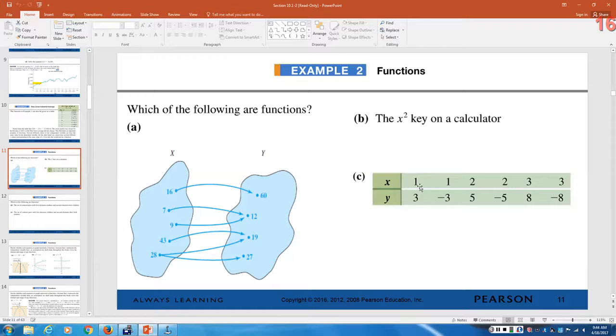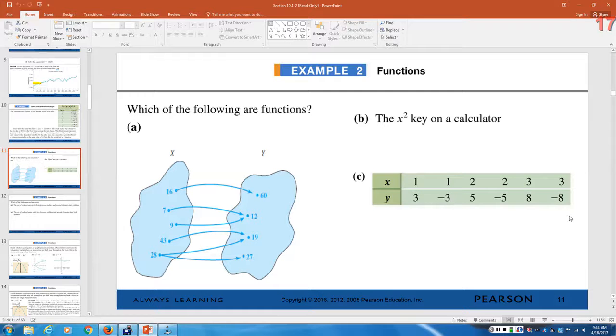Now looking at the table, here x is 1 and y is 3. Then x comes along and it's 1 again and it changes partners. It says, well, no, I'm going to be with -3 by now. So that doesn't work. You're not allowed for x to have two different corresponding y values.